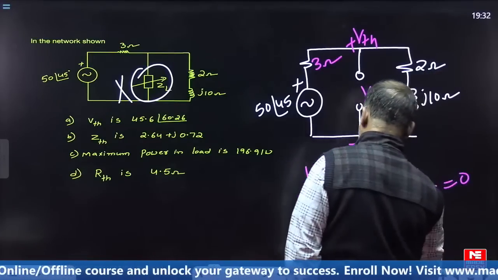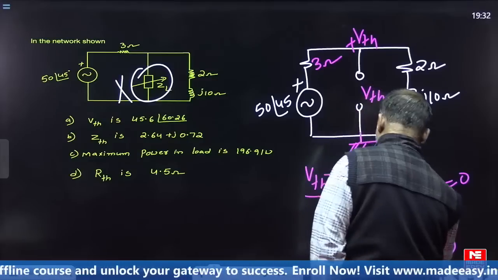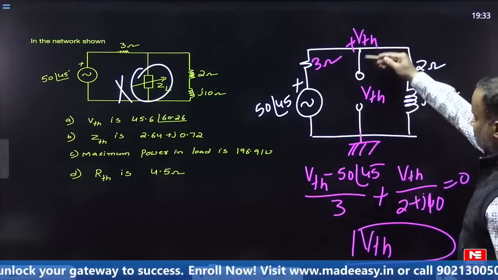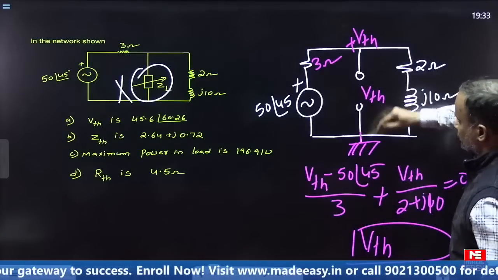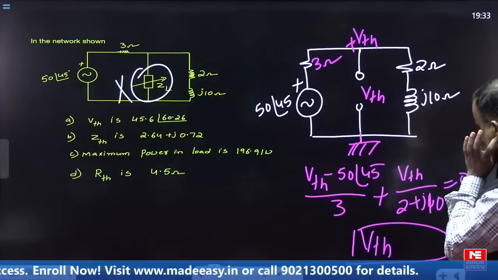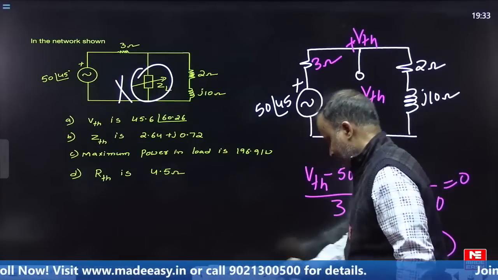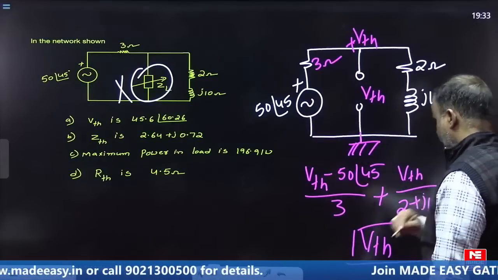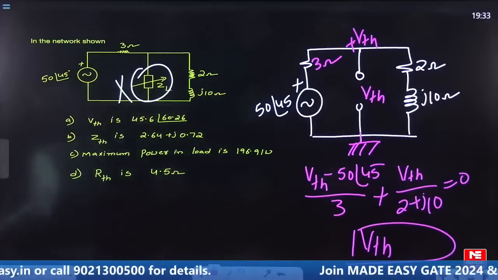VTH, say the answers, understand? I developed the KCL equation at this point. Current of this branch, the middle branch, how much current is there? 0, no current is going here. Now VTH by 2 plus j10. Yes, simplify, by simplifying we will get the VTH.